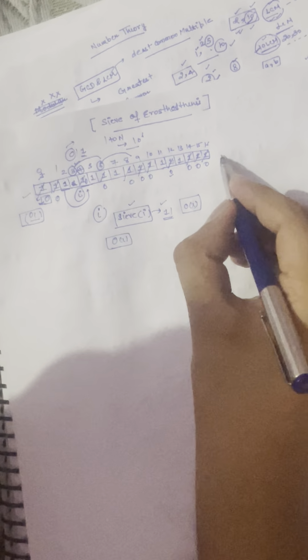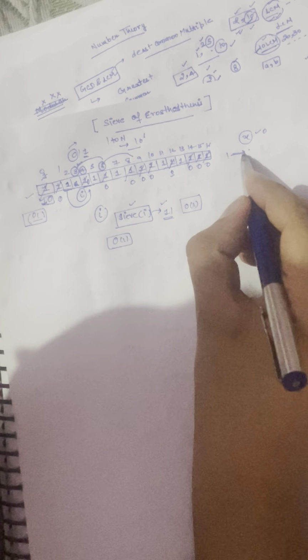4 is already 0. So let's say from 1 to some number x, if we are currently standing at this number and it is 0, that means some number from 0 to x minus 1 was able to divide this number and made it 0.